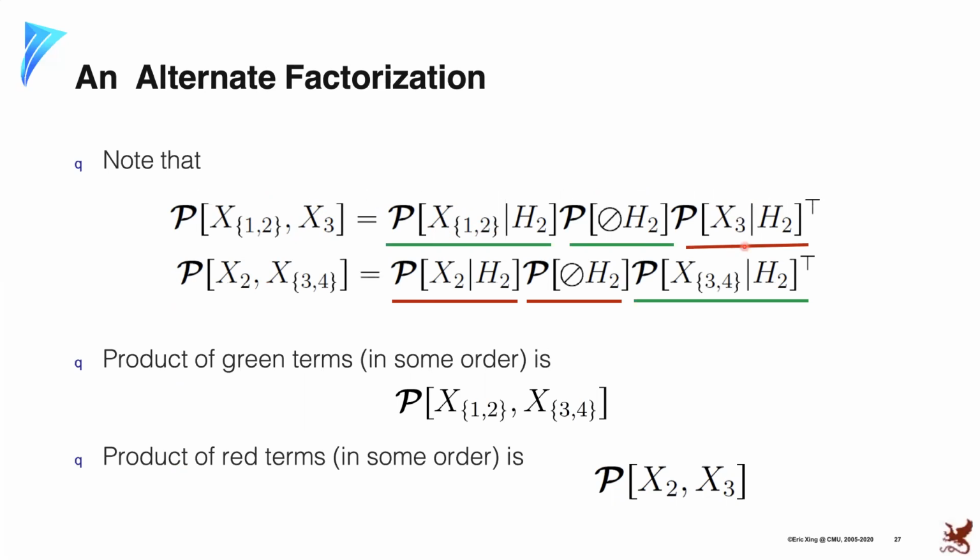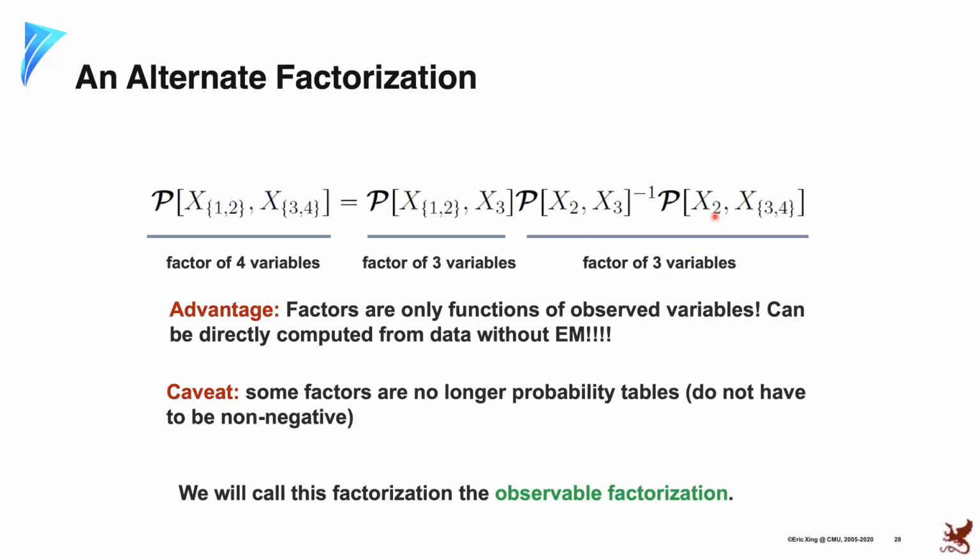For example, here we assume that given this h2, x1 and x2 are conditionally independent of x3. So we always assume that in different latent variable models, we can find such a split that, given a hidden variable h, two groups of the variables are conditionally independent of each other. So we can further decompose it into smaller factors.